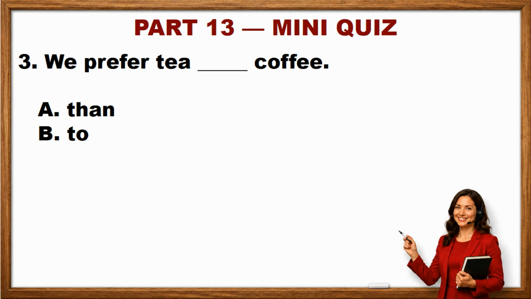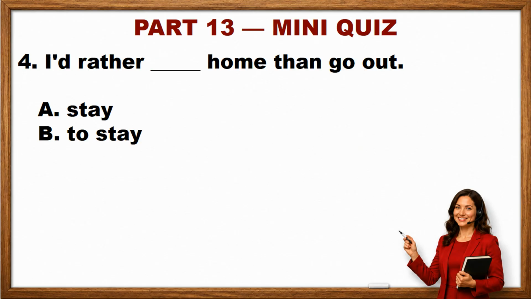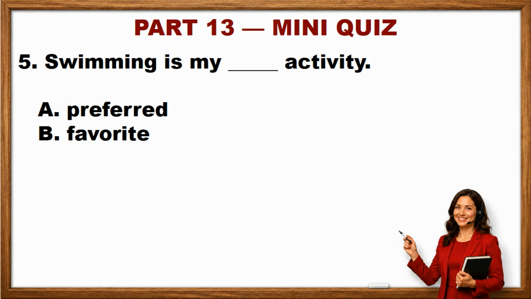A. Than. B. To. Answer. B. 4. I'd rather blank home than go out. A. Stay. B. To stay. Answer. A. 5. Swimming is my blank activity. A. Preferred. B. Favorite. Answer. B.